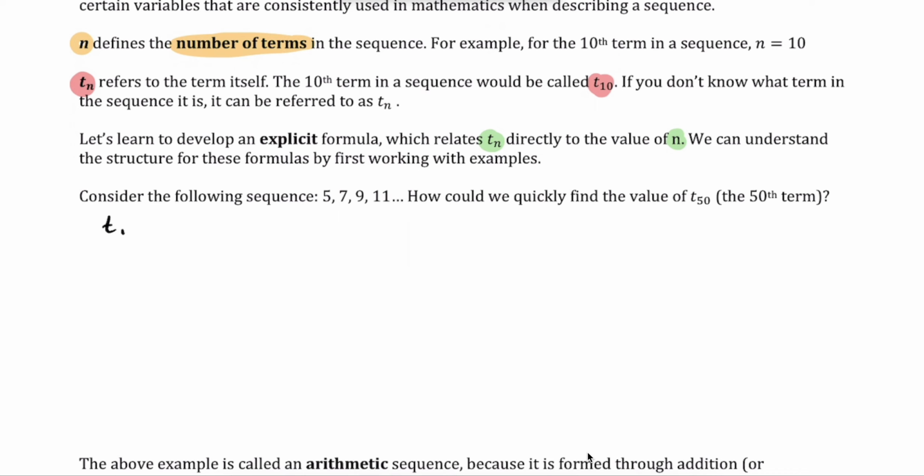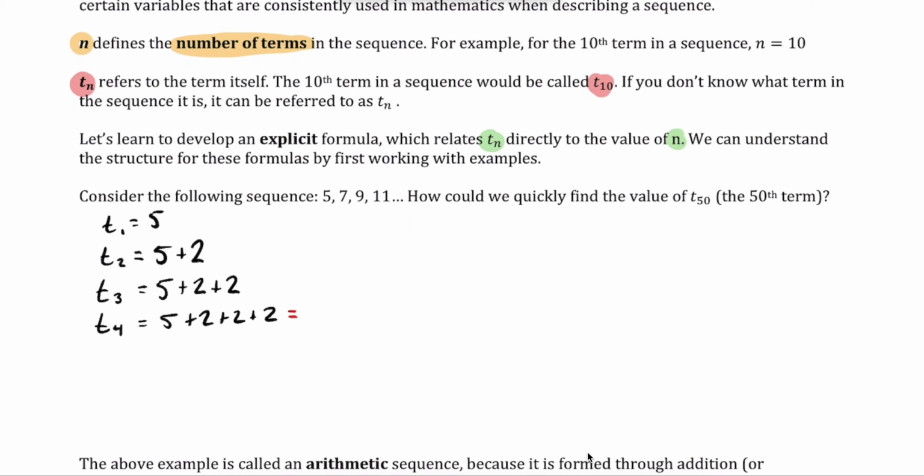So t1 is equal to 5, t2 is equal to 7, but I'm going to write this as t2 is equal to 5 plus 2. t3 is equal to 5 plus 2 plus 2. t4 is equal to 5 plus 2 plus 2 plus 2. And what you might notice is that the number of 2's here is actually 1 less than the number of the term.